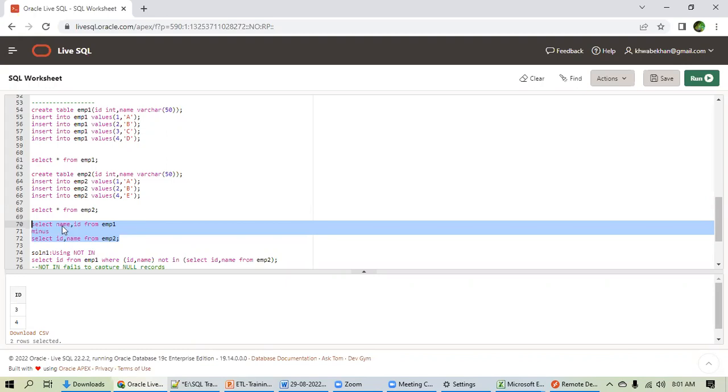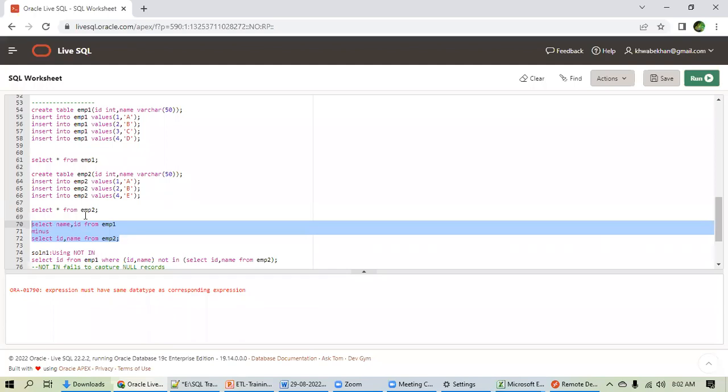From this query, you're telling the SQL engine to match name with ID and ID with name, and this doesn't make any business sense. ID is 1, 2, 3, 4; name is A, B, C, D. The data type is different. That is why you should not match two columns with different data types. It will throw an error message. So always try to match columns which have the same data type.